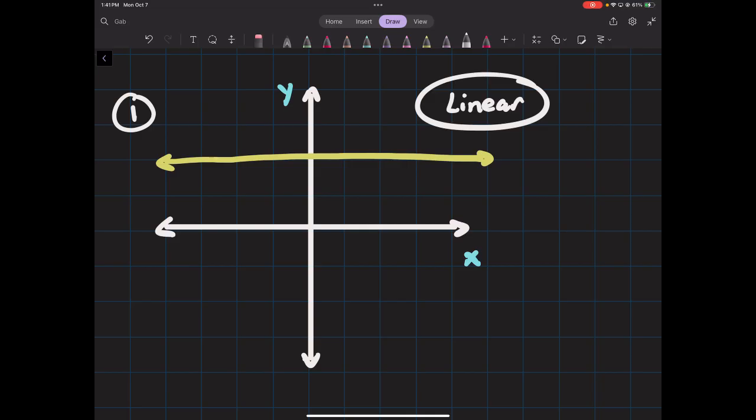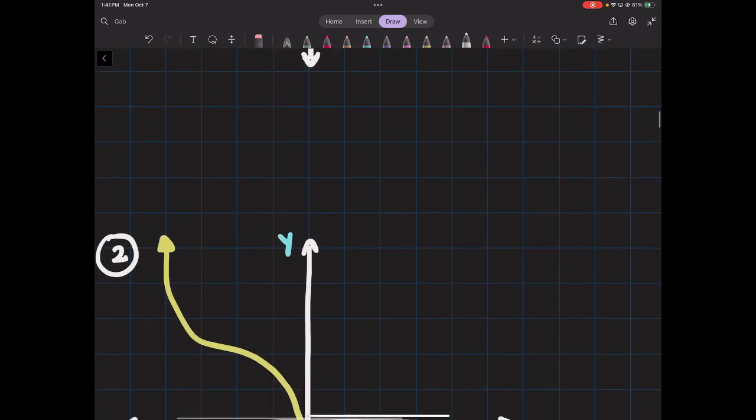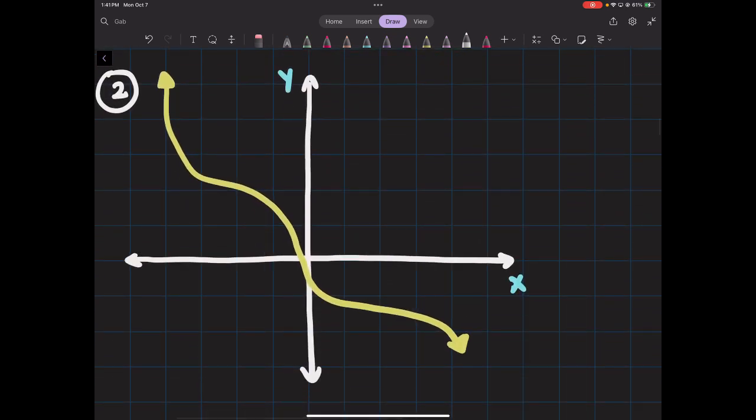What would be a non-linear graph? I'll show you. Something that's not a straight line. That's not linear. That's a squiggly, because linear is line, and that's squiggly because it's squiggly.